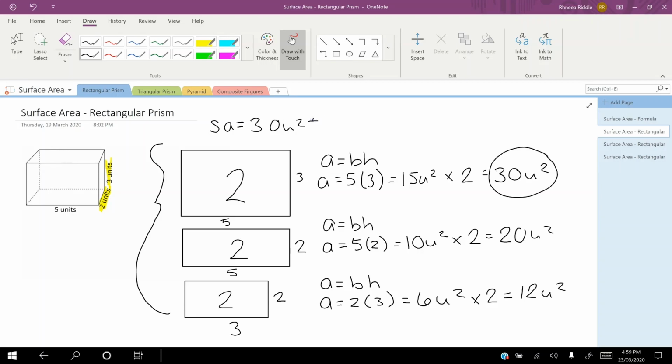Then we are going to add 20, because that is our front and bottom faces. And then we are going to add 12, because that is our left and right faces. And when we go ahead and add those together, we're going to get 62 units squared as our final answer.